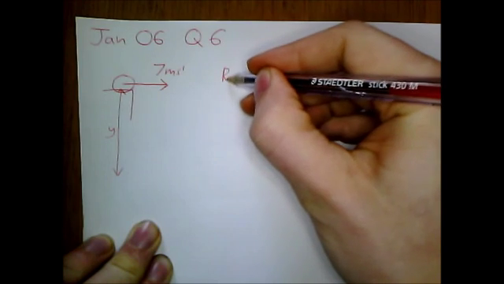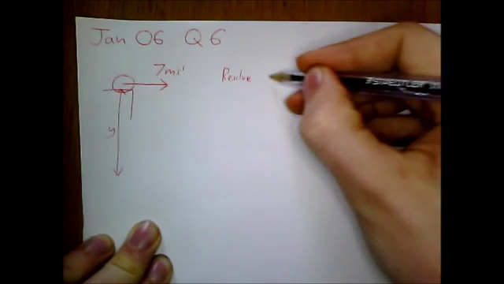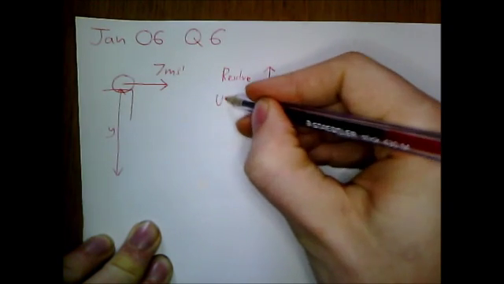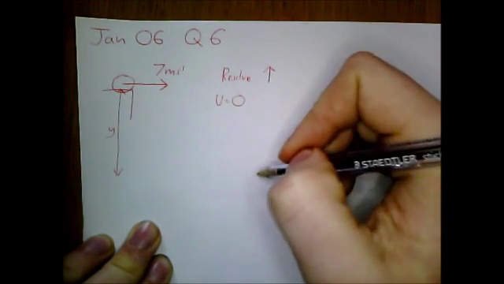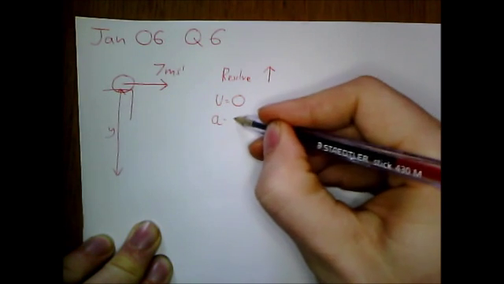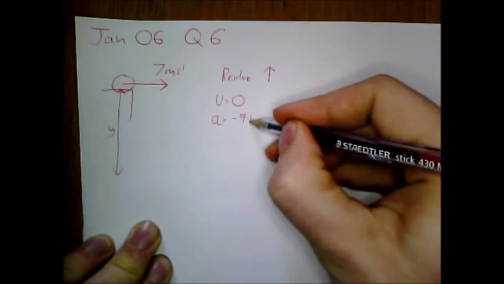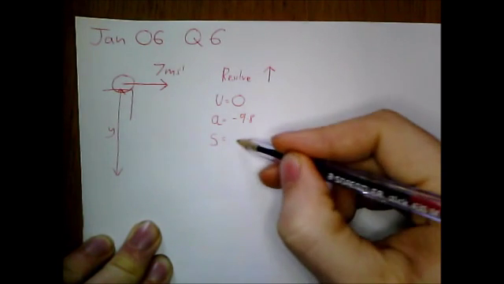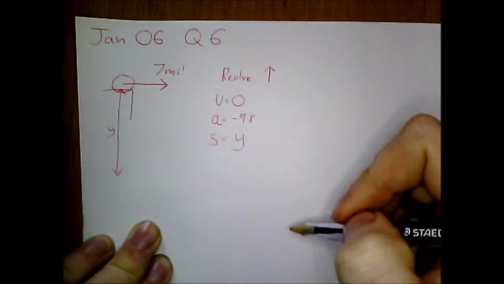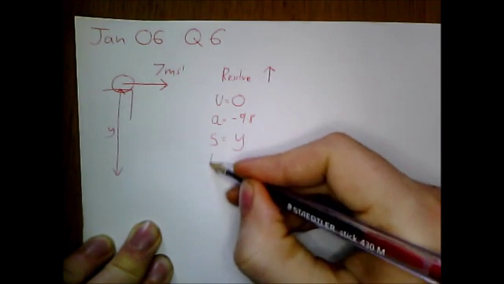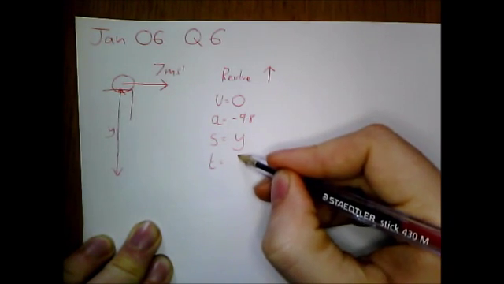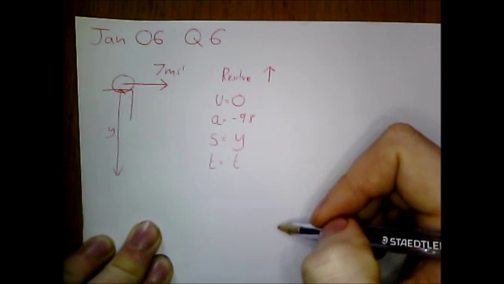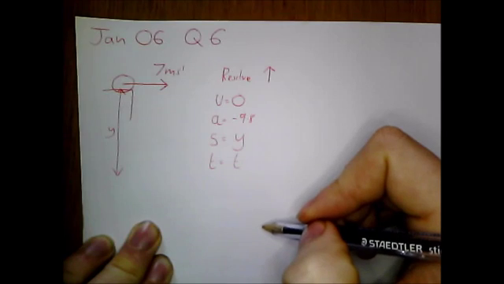If we resolve upwards, we start with no speed in this plane. We'll accelerate at negative 9.8 meters per second squared. Our displacement, we're told, is y. We need to use the variables that are given to us, and our time is going to be t, because it wants it in terms of y displacement and time.